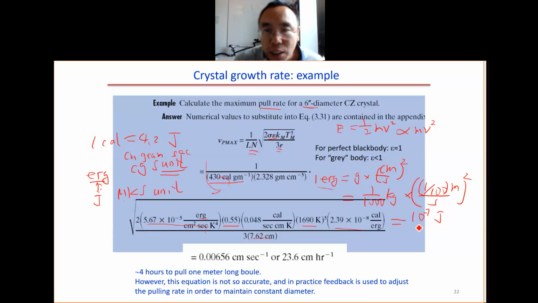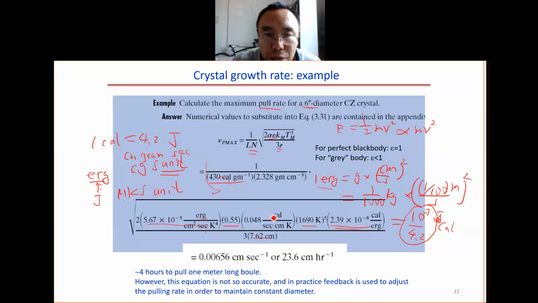To convert, 1 erg equals this number divided by 4.2, which gives the calorie. So 10 to the power 7 divided by 4.2 is given by this number.